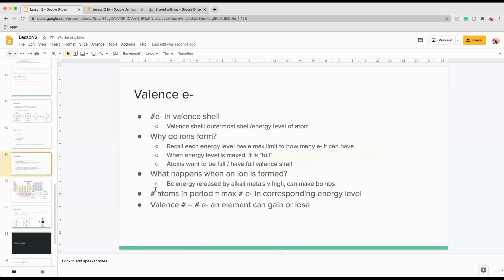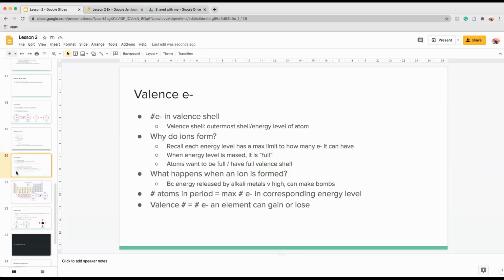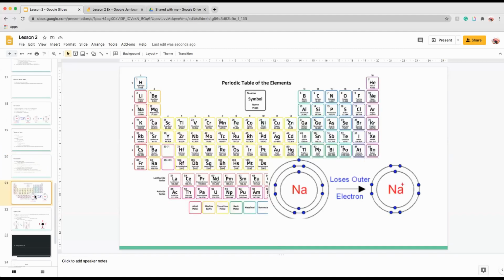So I talked about how each energy level has a max number of electrons it can contain. To know the max number of electrons that energy level can have, you count the number of elements in that period on the periodic table. The first energy level can only have a max of 2 electrons.